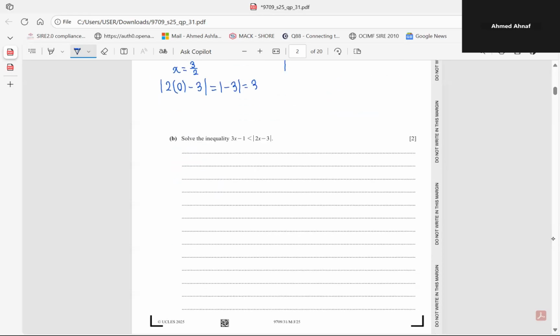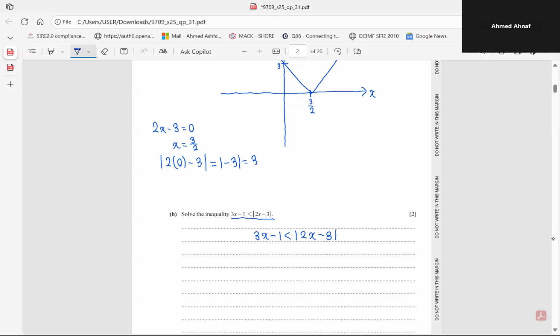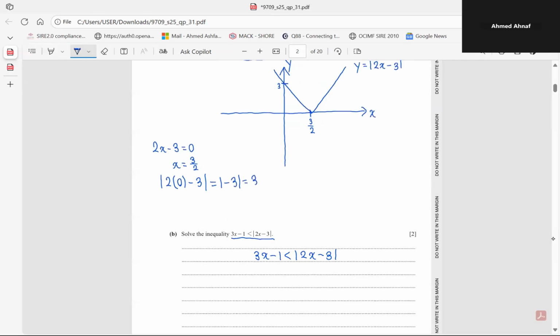Okay, so here we're now going to have to solve this inequality. First of all, let's write down this inequality. Since we have the graph up here, we're going to use the graphical method to solve this inequality.